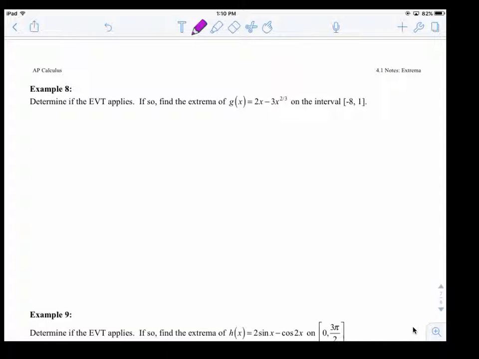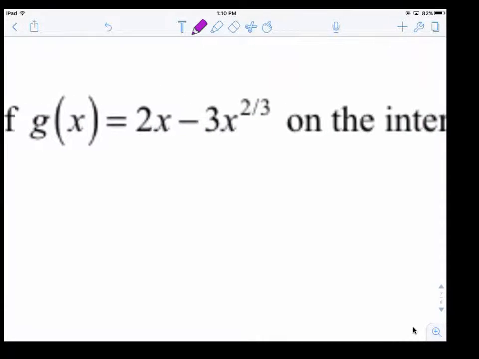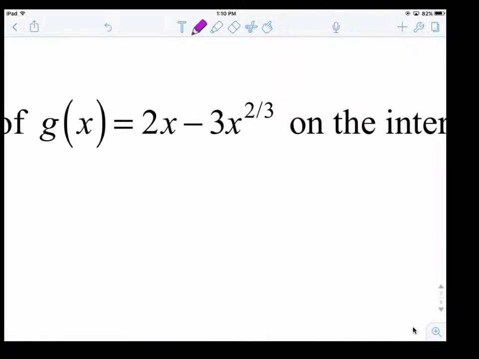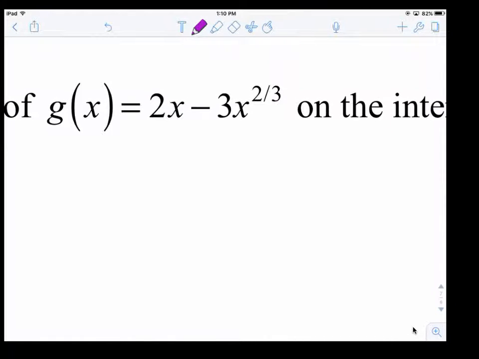All right, number 8 says determine if it applies, and then if so, find the extrema of g of x on the interval from -8 to 1. Okay, so is that continuous from -8 to 1? Right, so a cusp is continuous, but it's not what?